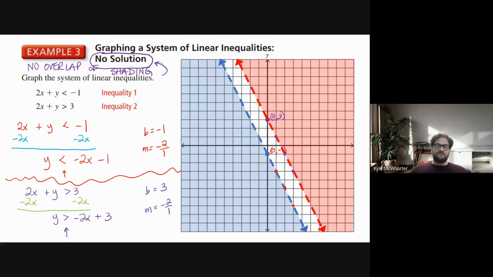So no solution means there's no overlapping of the shading. There's no point anywhere on this graph that is in both shaded areas, right? So there's no point that's a solution to both inequalities.